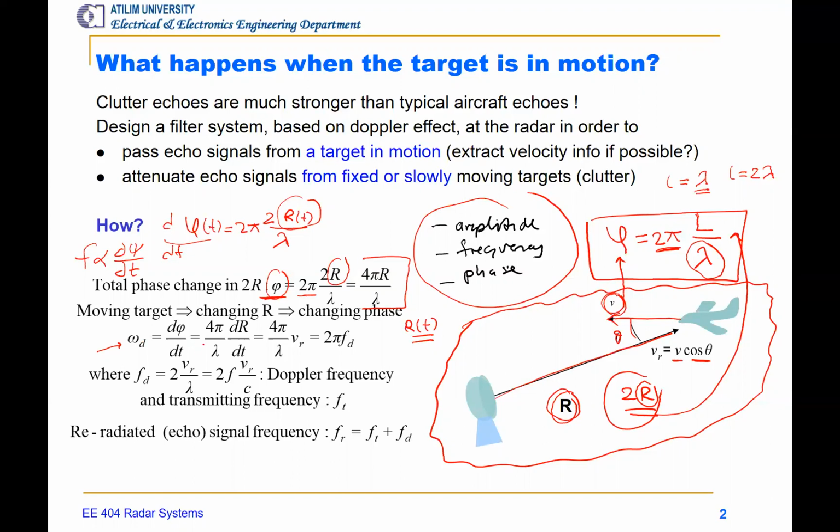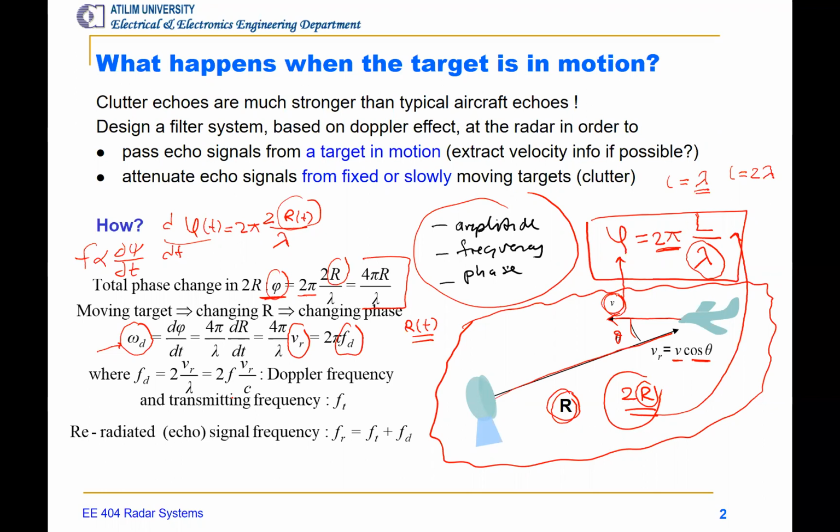So we write this in here, and we see that the radial frequency omega d is going to be 4 pi over lambda VR, where VR is the radial speed. And if we write this fd as 2 VR over lambda, then the frequency will be dependent on the phase variation.